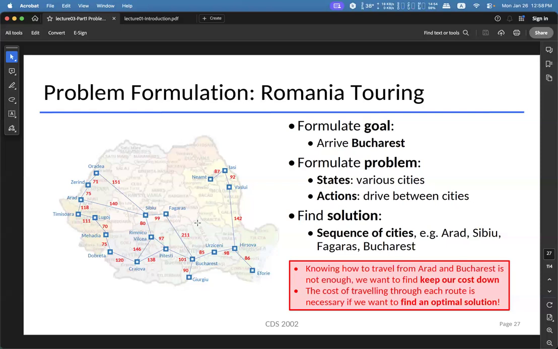So when we are solving a problem like this, we sometimes also want to find a path that has the least cost, or the so-called optimal solution. In computer science and data science, the term optimal is dedicated to talking about the solution that is the best. Whenever we want to say something is the best, we say it is optimal.